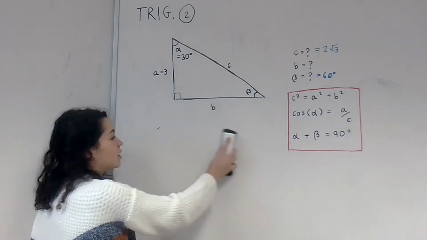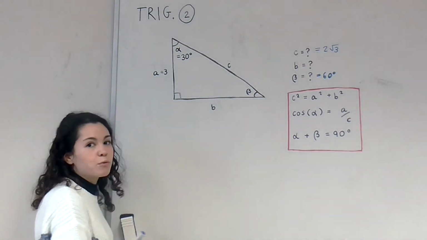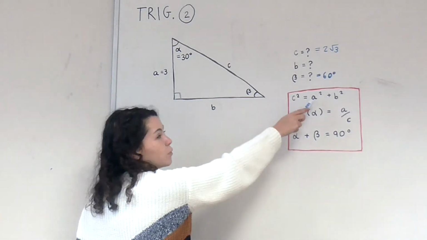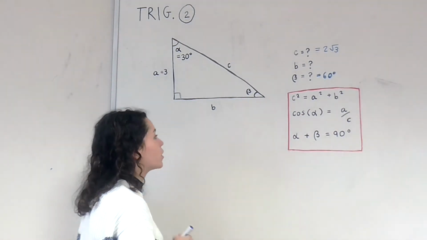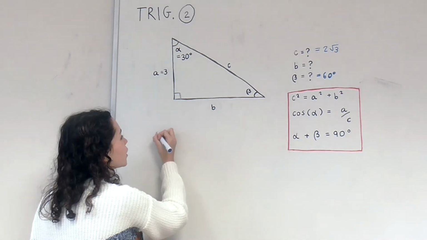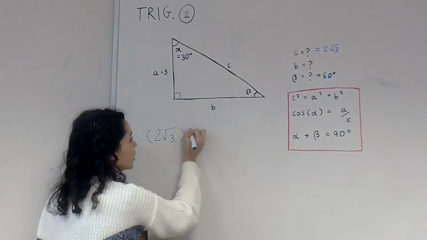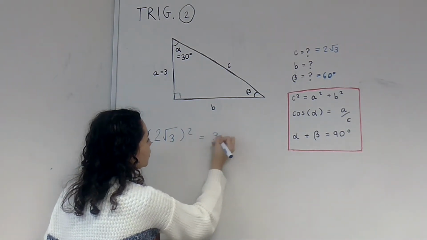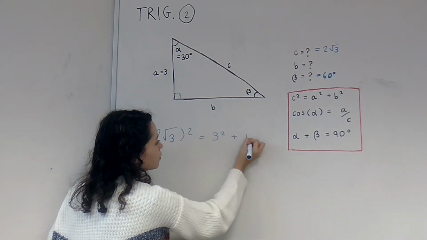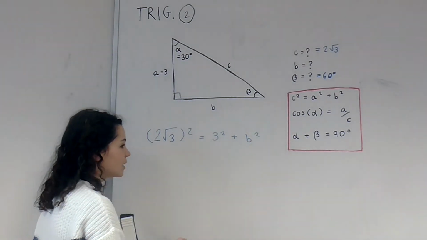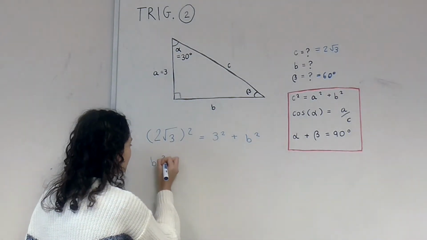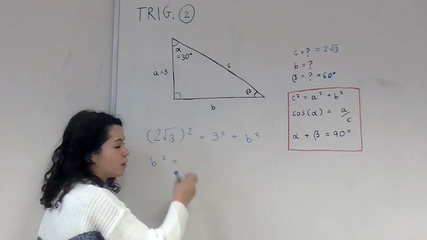getting our B is actually going to be really easy because we only have one side left to calculate. We can just use the Pythagoras theorem like we did before. So we have our C to the power of 2, our A to the power of 2, and we want to find our B. And I'm already going to calculate the powers.